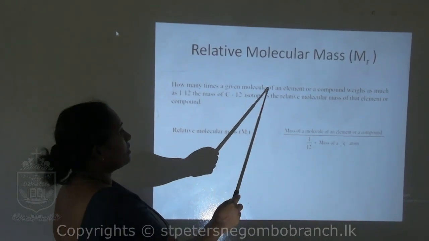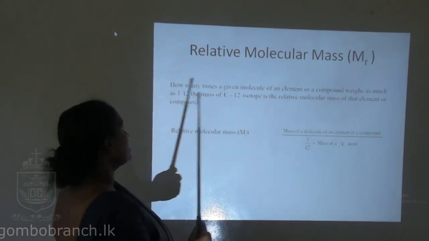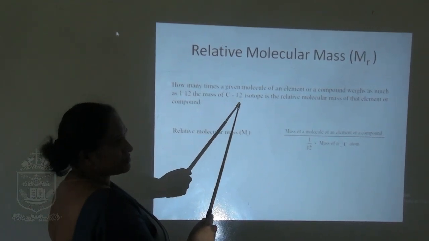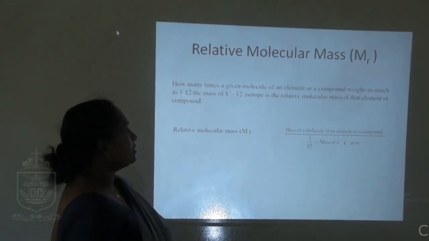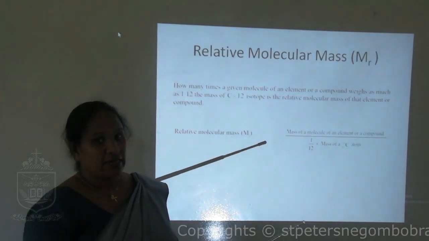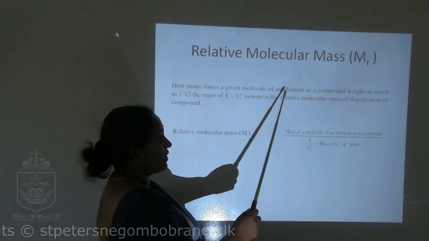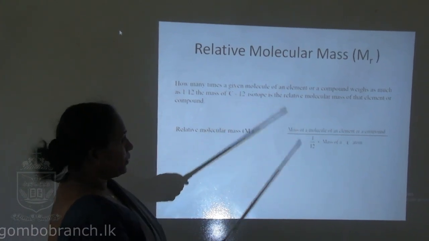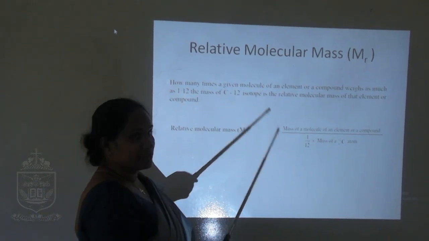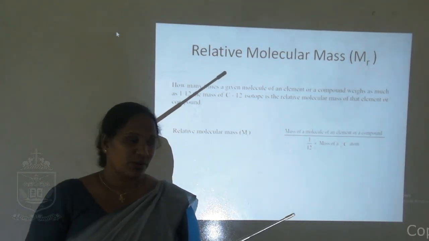How many times a given molecule of an element or a compound weighs as much as 1/12 the mass of a carbon-12 isotope is the relative molecular mass of that element or compound.